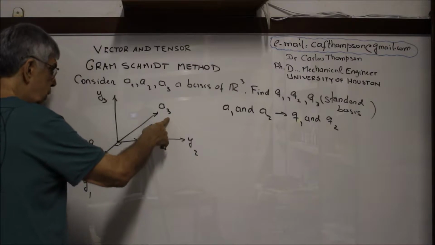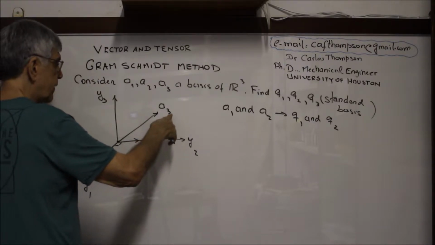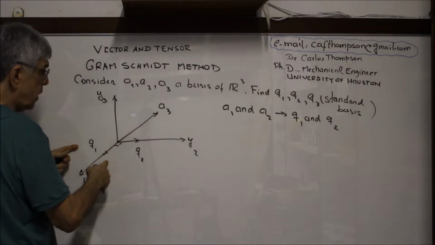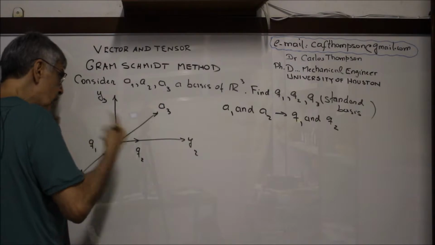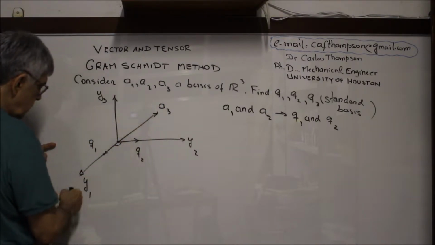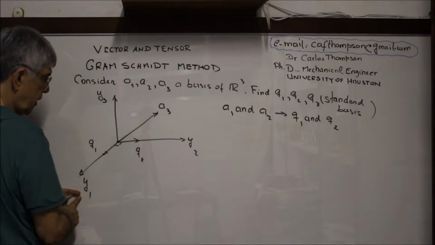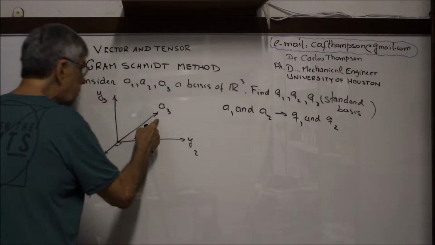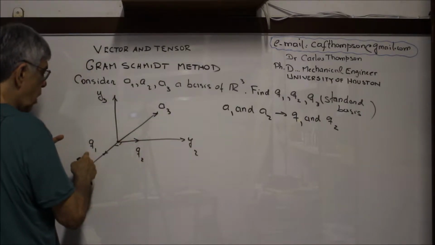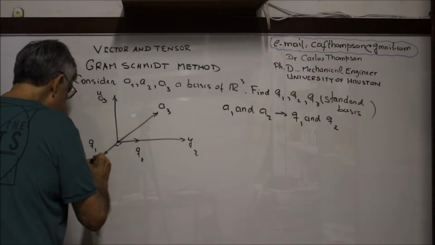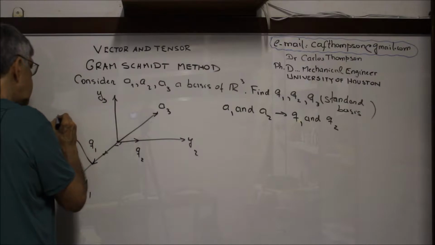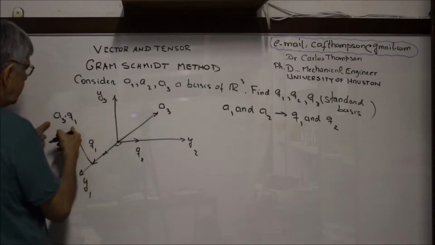Now we know, if we use the dot product of this vector A3 with Q1, I will project this vector on this Y1 axis. I'll repeat again. The dot product of A3 and Q1 gives A3 dot Q1.